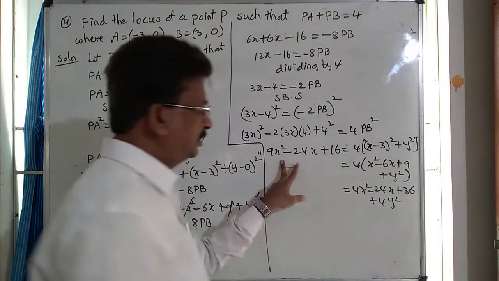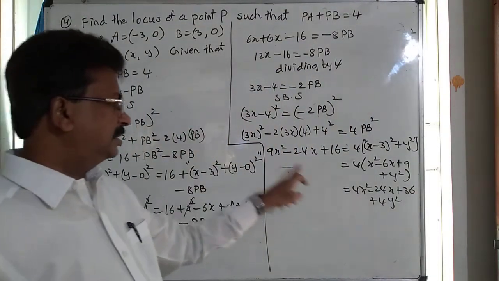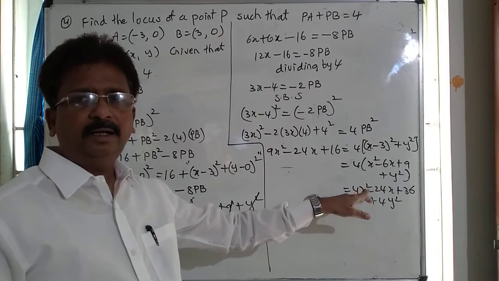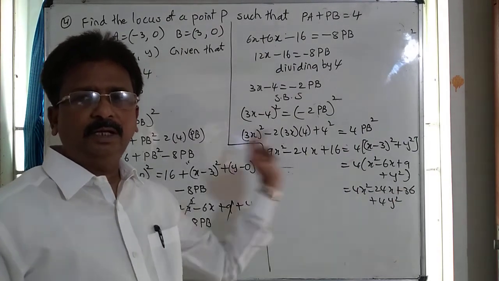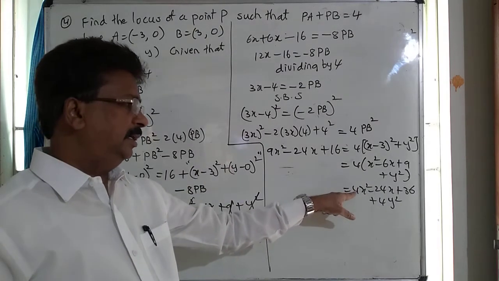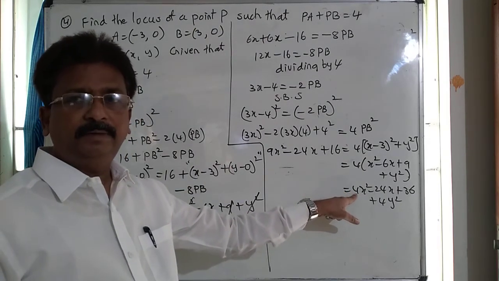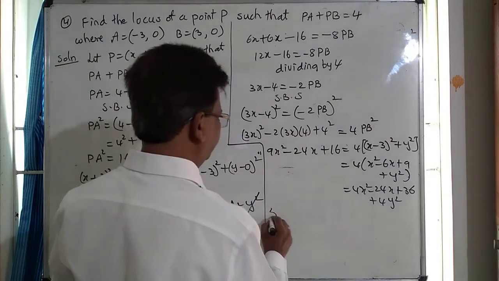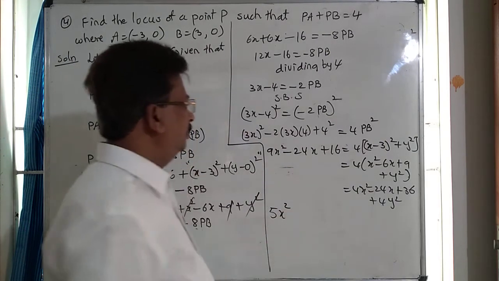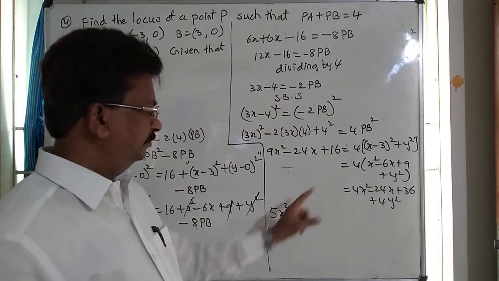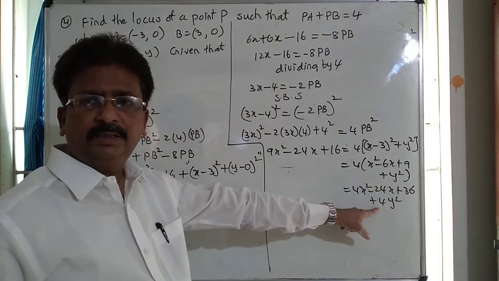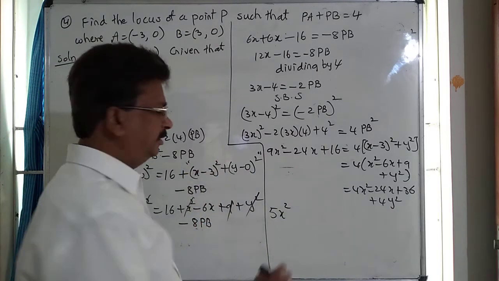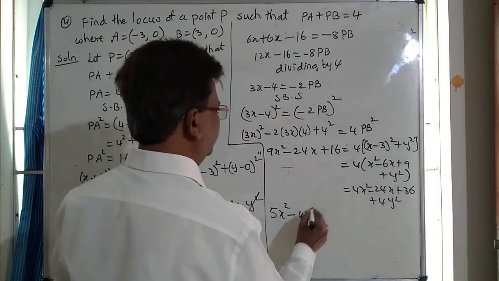Okay, you see the simplification. 9x square minus 4x square. On taking all the right side terms to the left side, the 4x square becomes minus 4x square. 9 minus 4, 5x square. Next y square term, right side only. Y square term is at right side only. 4y square, taking to left side, minus 4y square.